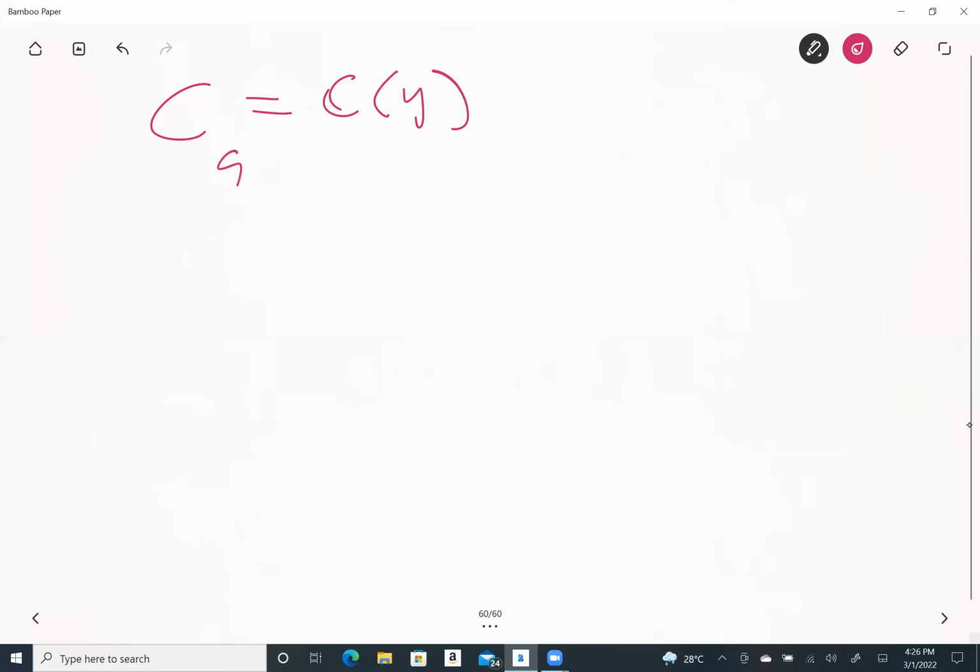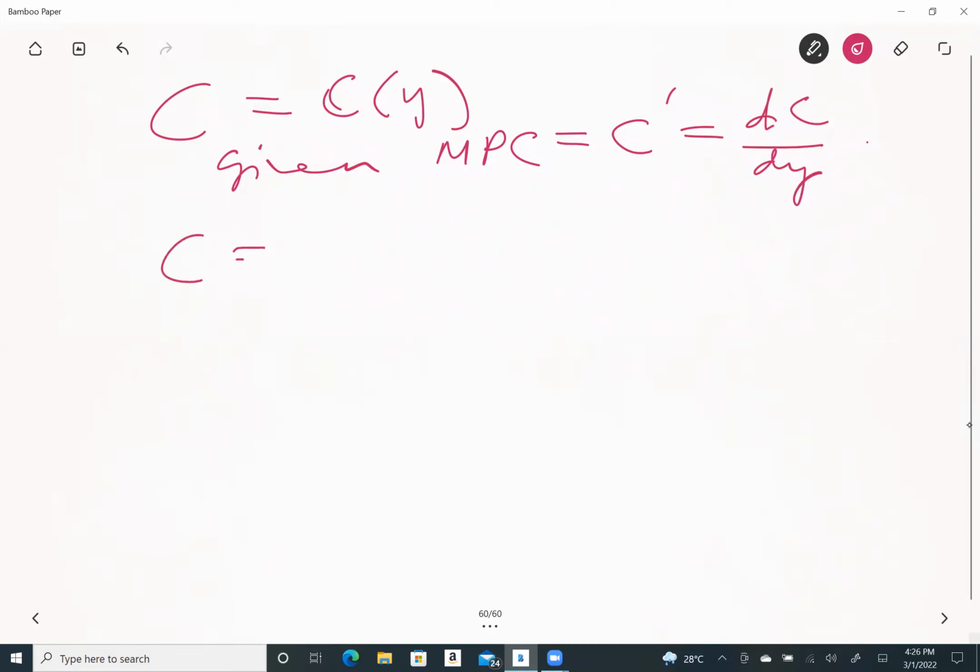And you are given the MPC, marginal propensity to consume. That is the derivative, we can also say C prime, because C prime now is dC/dY. So you are given dC/dY, the MPC.